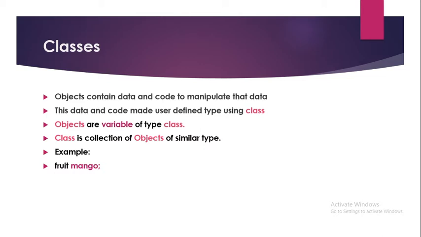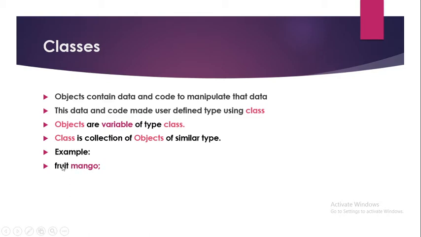For example, if fruit is my class and I want to declare one object for class fruit, I can declare it like this: fruit mango, where fruit is the class and mango is my object. This is as simple as the declaration of a variable in C++.